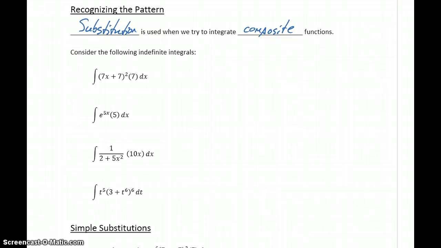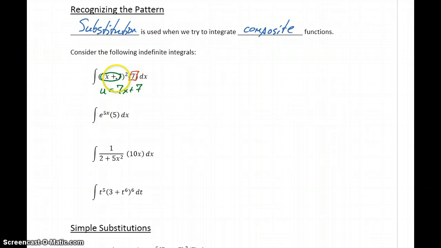In this case, looking at these examples here, we have the integral of (7x plus 7) squared times 7 dx. So in this case, 7x plus 7 is an interior function being plugged into something squared. So we have an interior function here, u equals 7x plus 7, meaning we have a composite function. What's left over is this 7 that we'll have to deal with, and we'll talk about what happens with that.